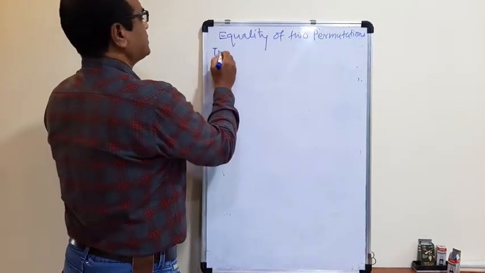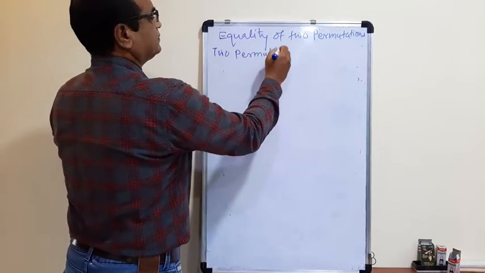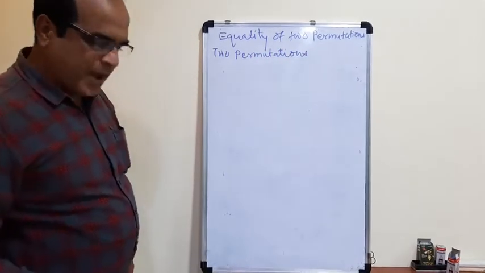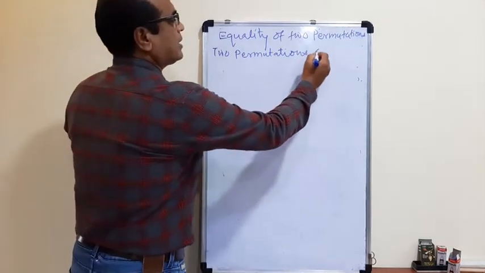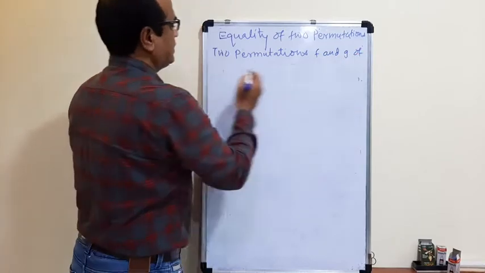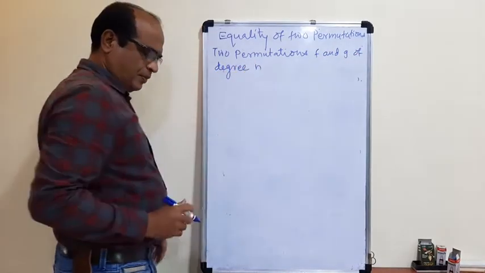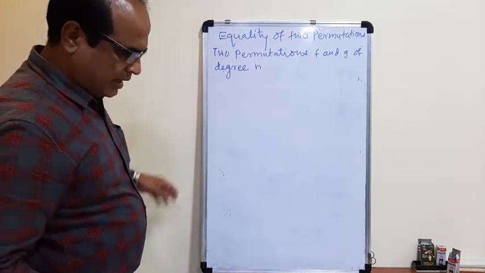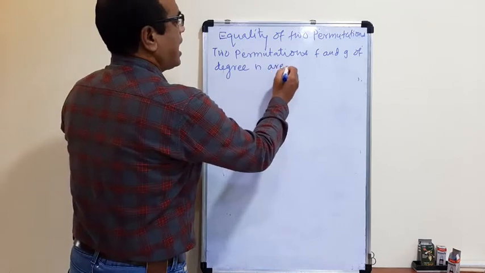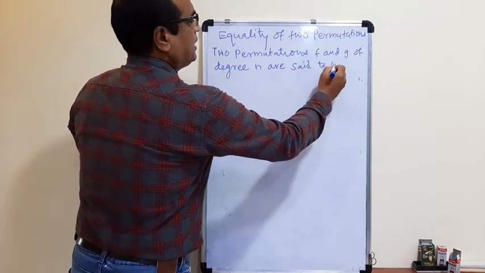Two permutations F and G of degree n are said to be equal.